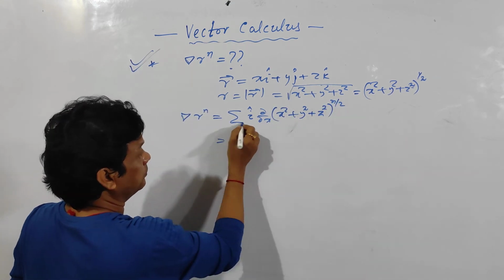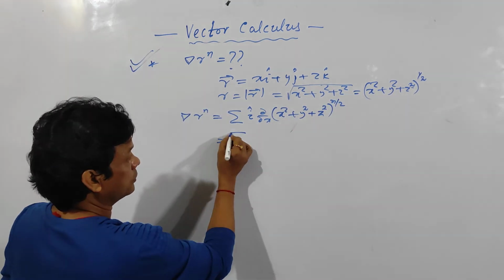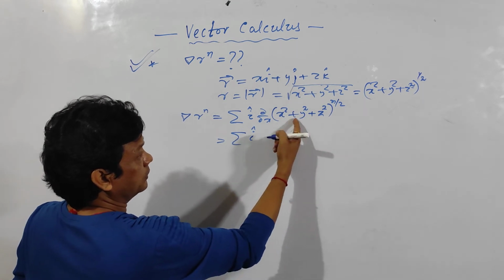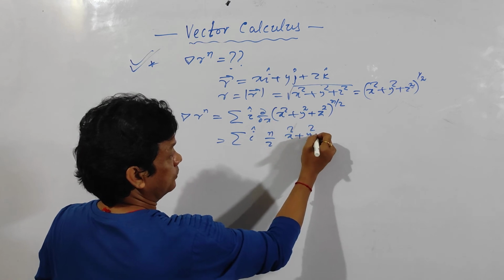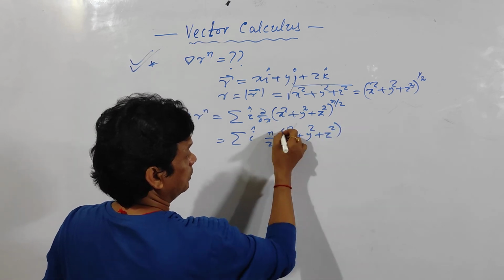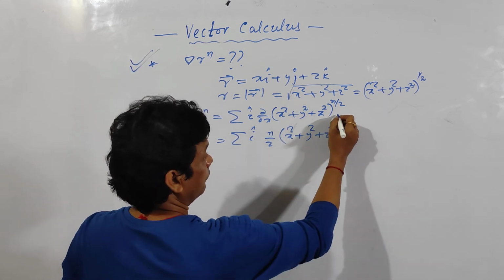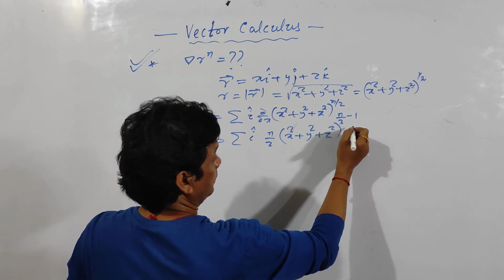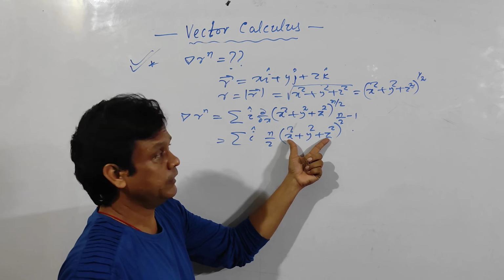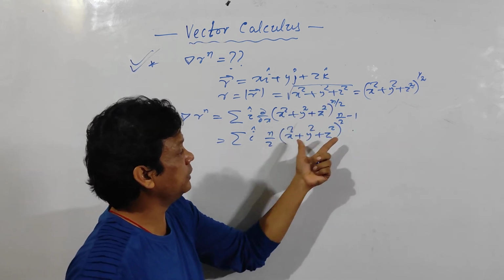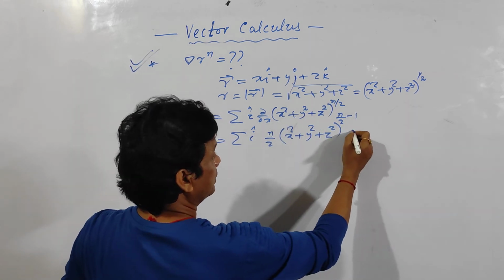Simply apply the derivative, summation i cap. It is n by 2 into x square plus y square plus z square to the power n by 2 minus 1 into the derivative of this one: n into u to the power n minus 1 into du by dx, and the derivative of this one is 2x.